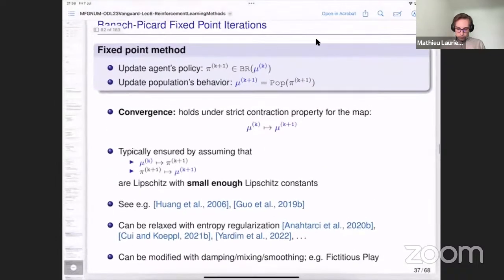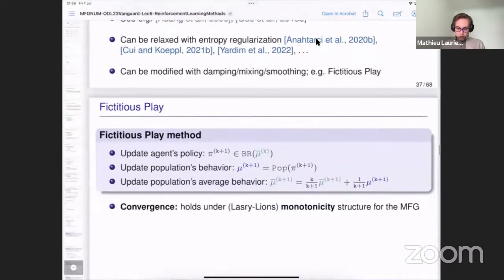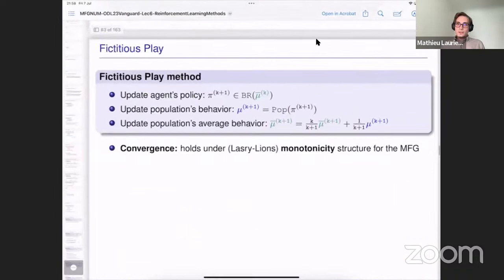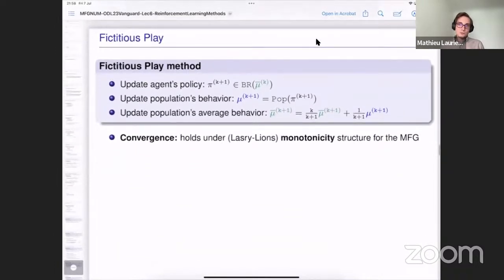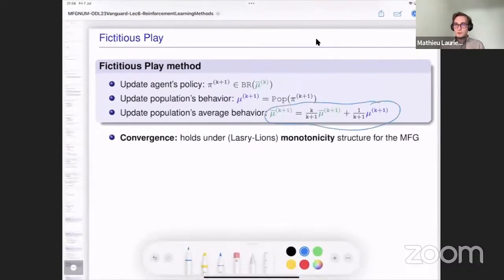Okay, so there are many variants, in particular fictitious play. So fictitious play, here I present it as a modification where at each iteration you compute this average mean field, and then you plug the average mean field here. Actually, there are different ways to view that. Maybe it would be better to average policies and then deduce the mean field generated by this average policy, right?